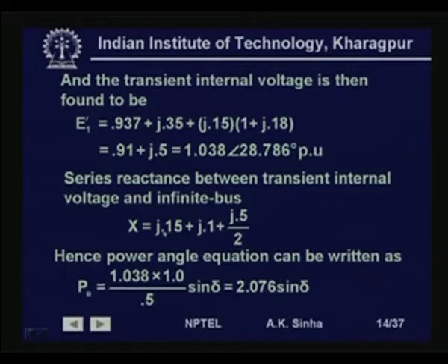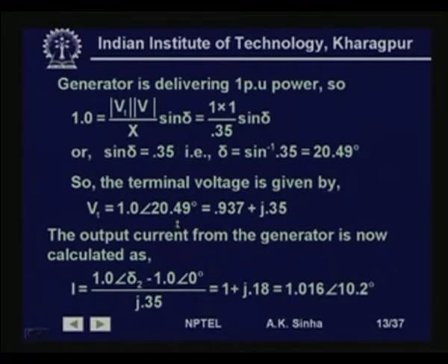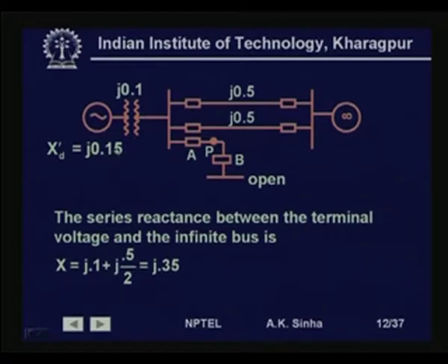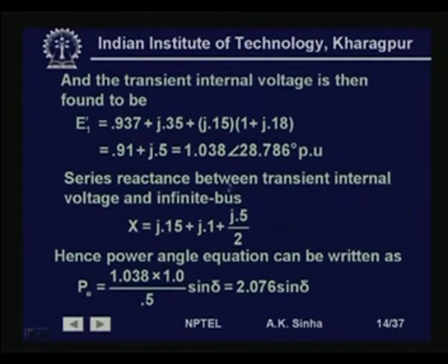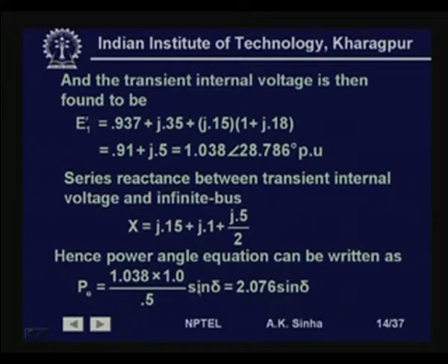That is equal to j 0.15 plus j 0.1 plus these two in parallel, so j 0.15 plus j 0.1 plus j 0.5 by 2. This is equal to j 0.5. Therefore, the output equation of the electrical power for this machine can be written as E V by x into sine delta.